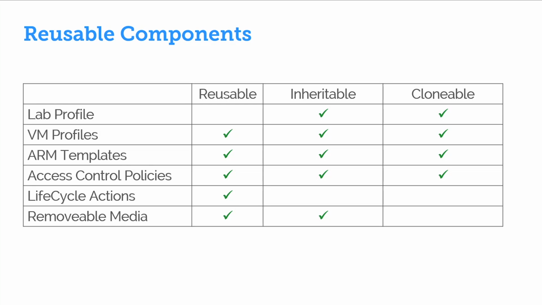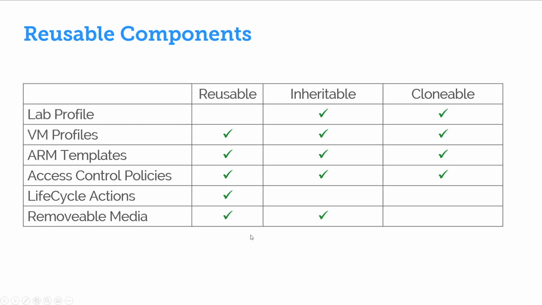Saving these elsewhere or stealing them from your old lab profile and using the tried and true copy and paste is the reusability here. Removable media can't be cloned as it is an ISO, and that also offers no value.